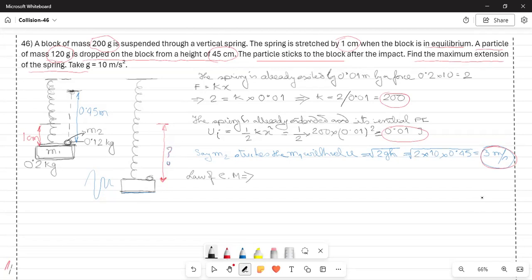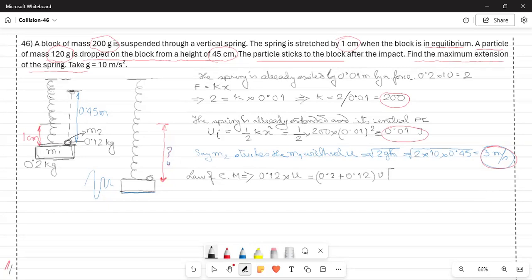The smaller body which drops, the smaller body of mass 0.12, multiplied by u, is equal to, now the problem says they stick together, so their joint mass is 0.2 plus 0.12, multiplied by v.